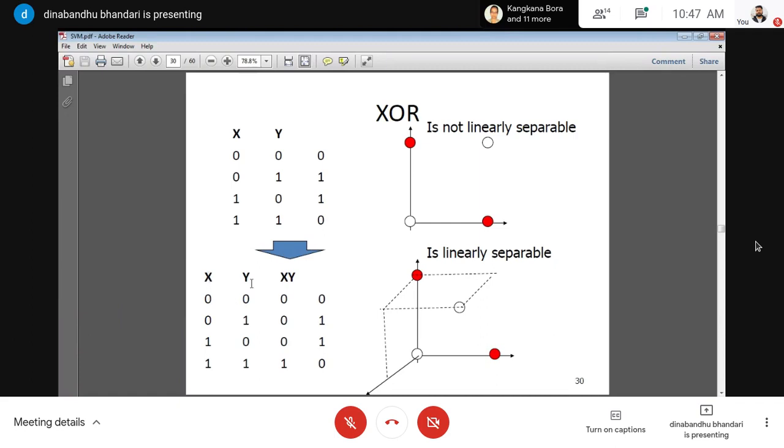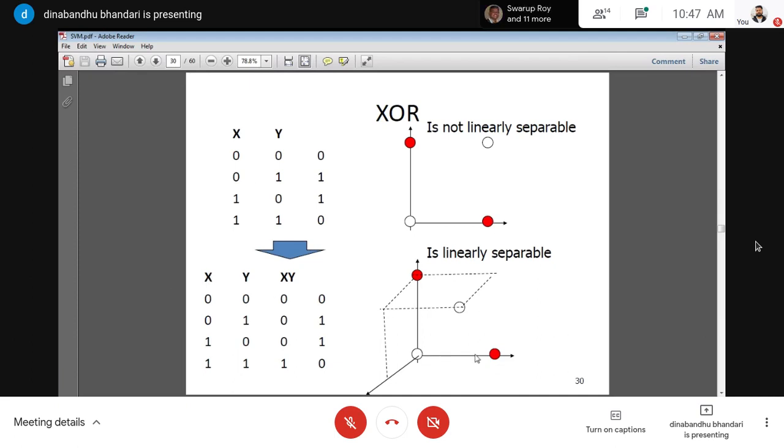X is 0, Y is 0, then what is the value of XY? We multiply these two, we get 0, and we generate this column together with XY. Now let us consider X as X1, Y as X2, and XY as X3, or rather not X, but Z, normally we say Z1, Z2, and Z3.